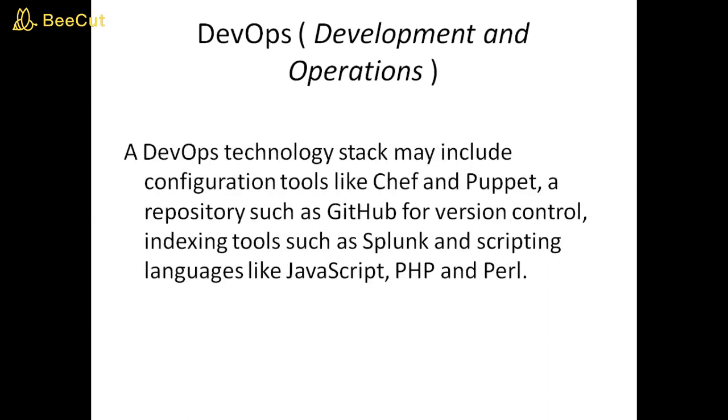A DevOps technology stack may include configuration tools like Chef and Puppet, a repository such as GitHub for version control, indexing tools such as Splunk and scripting languages like JavaScript, PHP and Perl.